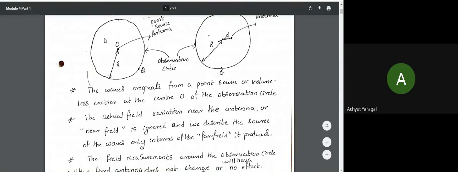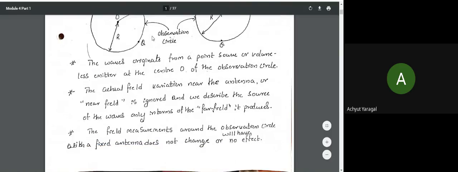We always describe the source considering the waves in the far field, that is, how much power is produced by a point source in the far field. The source is described in terms of the far field.